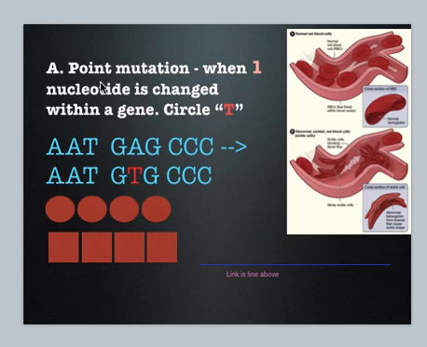And that is when you take out one nucleotide and you swap it for another. For example, these are 3 codons for a gene. And notice each codon is 3 letters. These nitrogen bases or letters are connected to the sugar and the phosphate. So there's 3 nucleotides here, 3 nucleotides here, and 3 here.